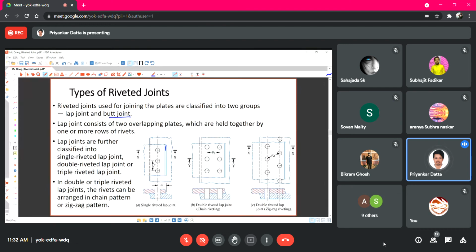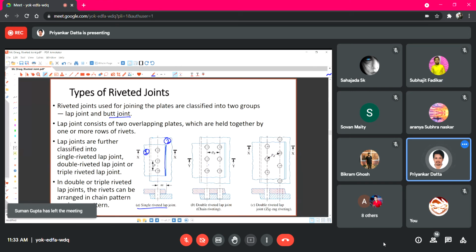So this is the edge of the plate, and parallel to that is one row. If only one row of rivets is used to join the lap joint, then it is called a single riveted lap joint, right? So this top part is plate one and the bottom part is plate two, and plate one is joined with plate two with a single row of rivets. That is a single riveted lap joint.